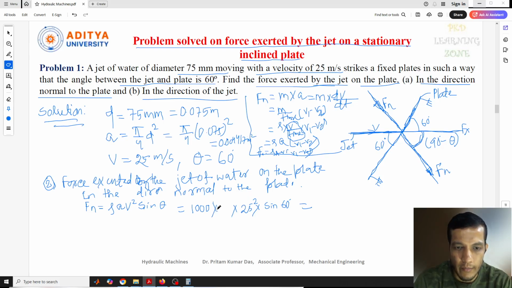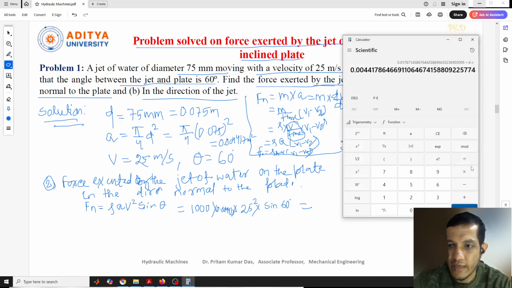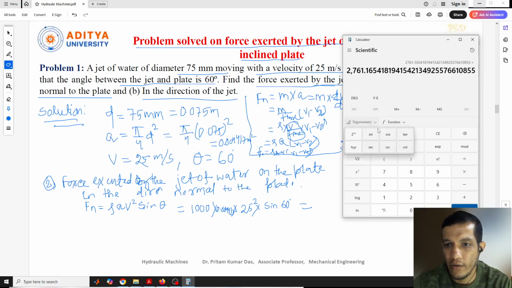Similarly, here also the same value, 0.004417. Okay, so let's multiply with this one into 1000. Again multiply into 25 into 25. Okay, then next we need to go for the multiplication with the trigonometric value sine 60.